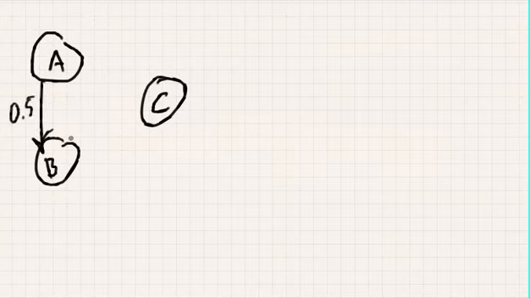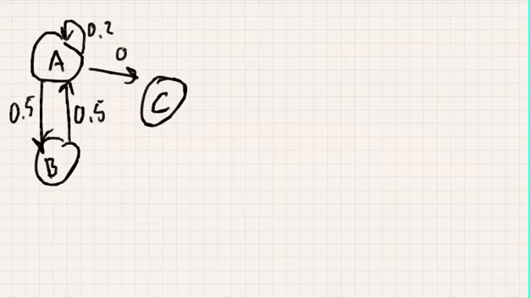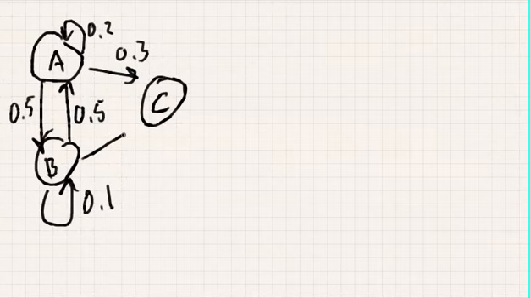Let's say we've got three states, A, B, and C. I can get from A to B half the time, and from B to A half the time, from A to itself 20% of the time, from A to C 30% of the time, from B to itself 10% of the time, and from B to C 40% of the time.